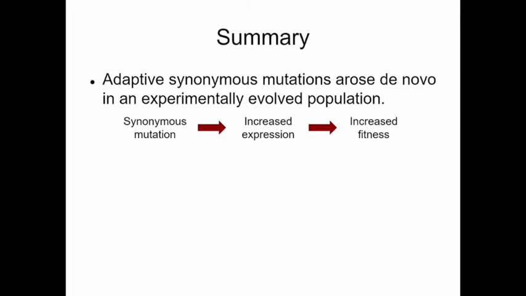Okay, so we know from this work that I've just talked about that we see synonymous mutations that arose de novo in an experimentally evolved population that are contributing to the adaptive evolution of that population. And we've shown that it's through an increase in expression that we see that effect on fitness.